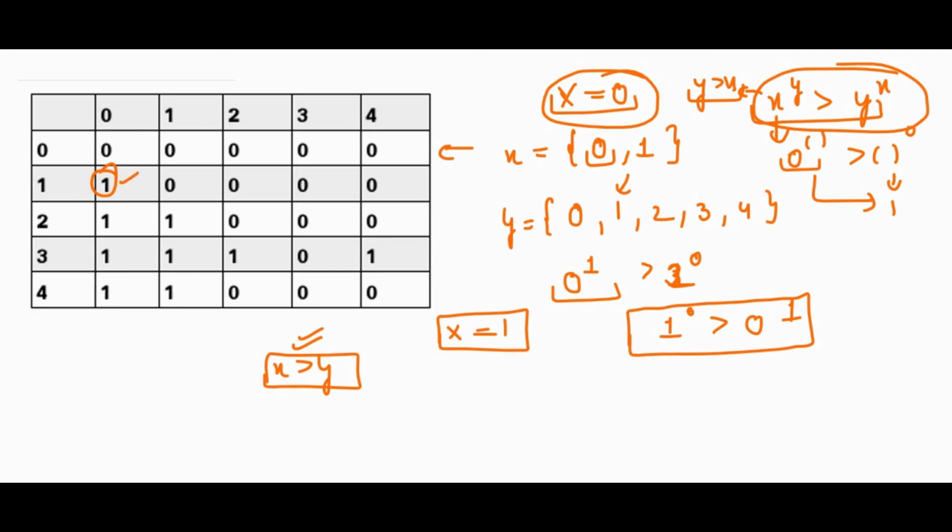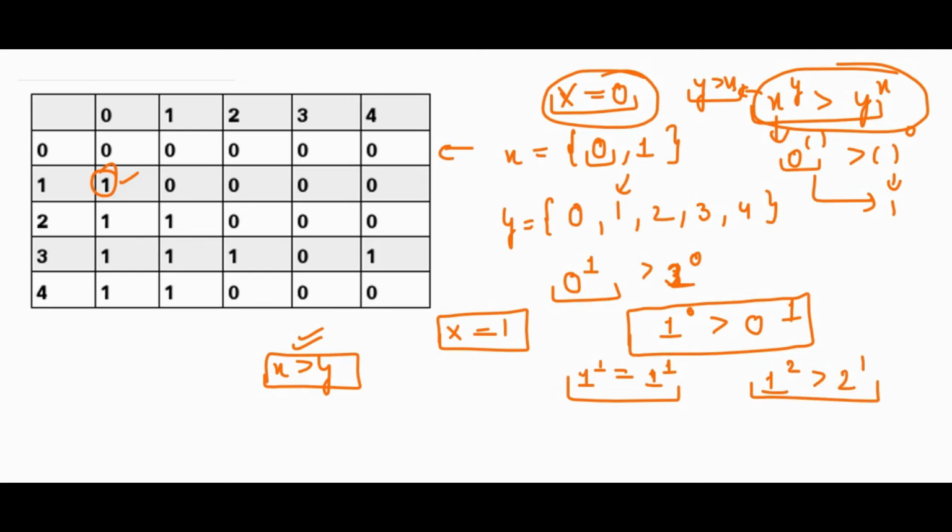Now 1 to the power 1, this we don't have to consider, because 1 to the power 1 will be equal to 1 to the power 1 and we don't have to take the equal values. Now we will see 1 to the power 2 is greater than 2 to the power 1. This is not true, right?